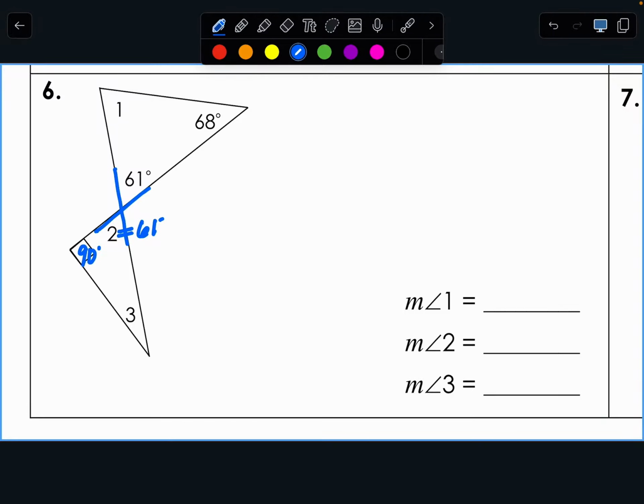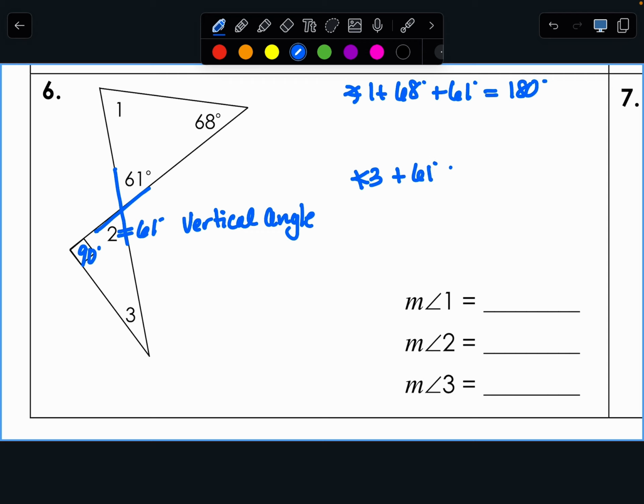So now I can say that angle 1 plus 68 plus 61 is 180 degrees. And I can say that angle 3 plus 61 plus 90 is 180 degrees. So angle 1 is 51, angle 2 is 61, and angle 3 is 29.